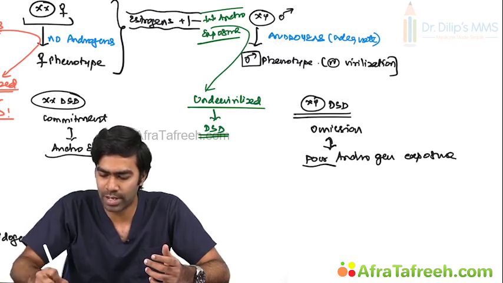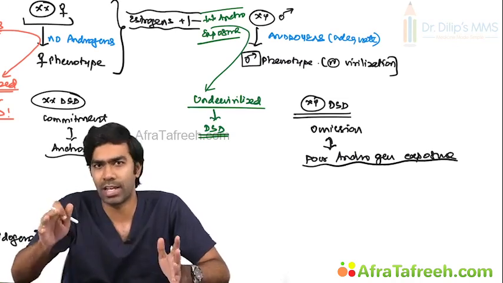That is the reason for XY DSD. Which means final take home point, so to get an XX DSD, you need excess androgens given to the female child, or to get an XY DSD, there will be a poor androgen exposure to a male fetus. That's all. So this is the basis of getting a disorder of sexual differentiation, or in colloquial terms you call it ambiguous genitalia.